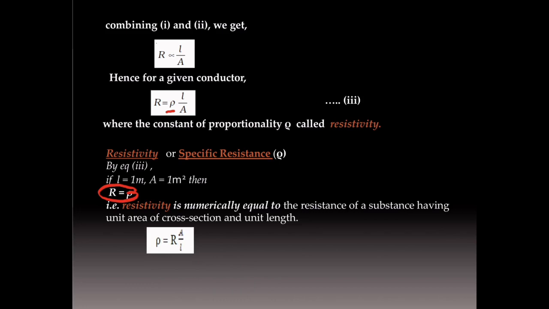So we have the formula for resistivity: resistivity is equal to R A by L, and the unit of resistivity by this relation is ohm meter. Because if we take the resistance unit as ohm, area as meter square, and length as meter, then this meter will cancel with this meter square, and we get ohm meter.